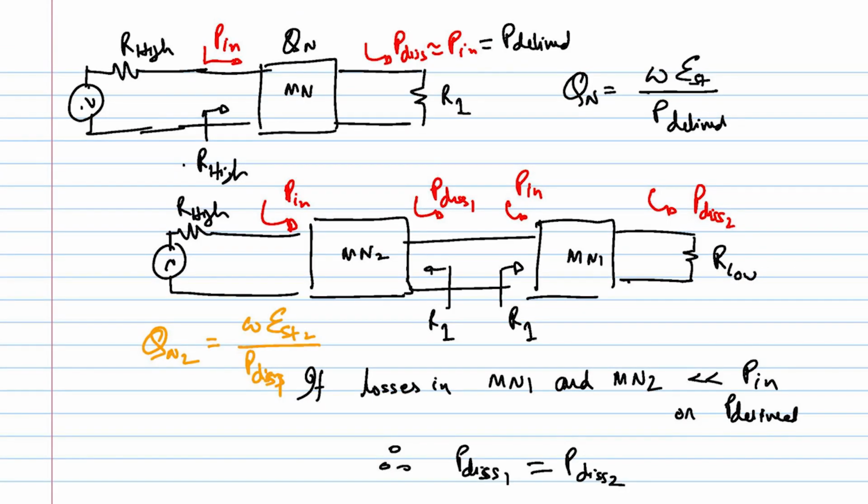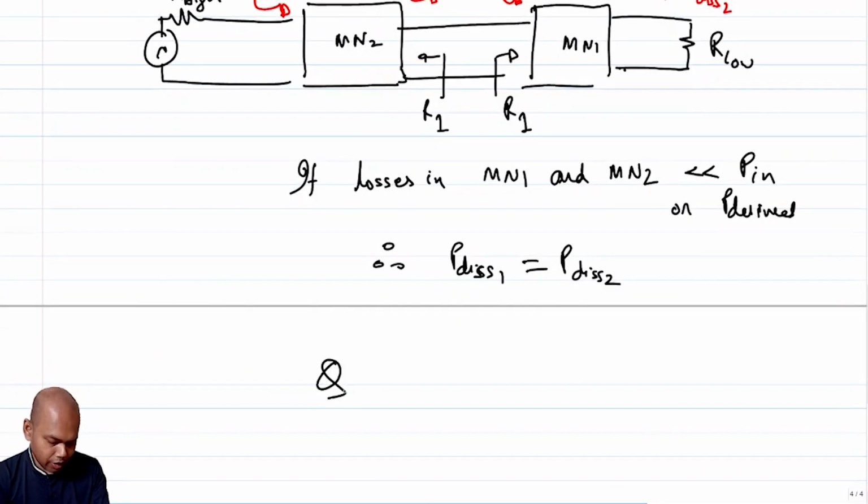Okay. So why are we doing all this? Because now if you think about the overall Q of the matching network, from input to output, what is it? It is basically omega times energy stored in the total network divided by the power that is getting dissipated.